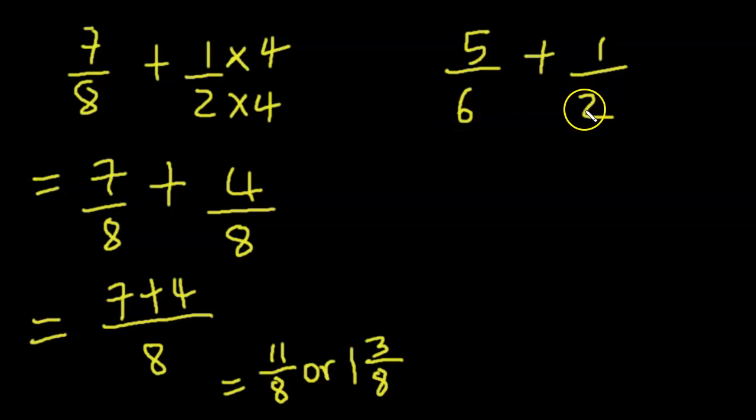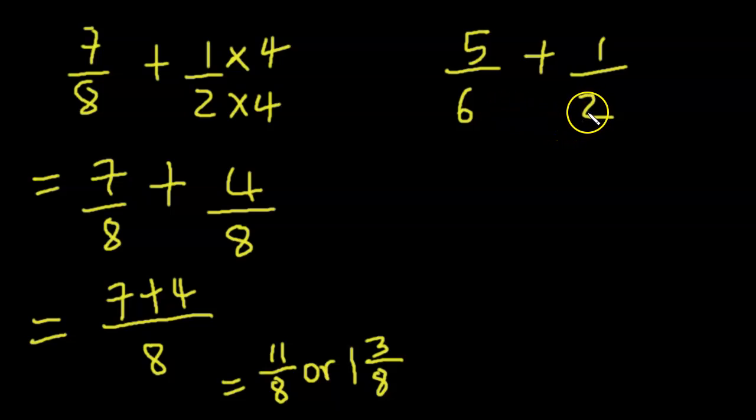And earlier we established that we can only add the numerators if the denominators are the same. So our job is to make both denominators the same. And again, usually we aim for the LCM. And the LCM for 6 and 2 is 6, the lowest number that 6 and 2 can divide into without leaving a remainder.